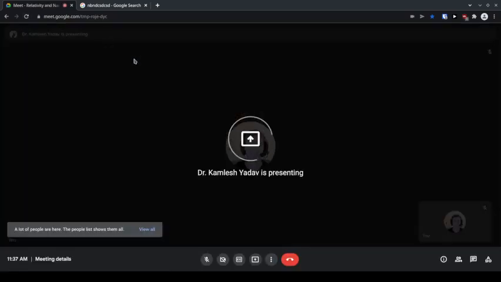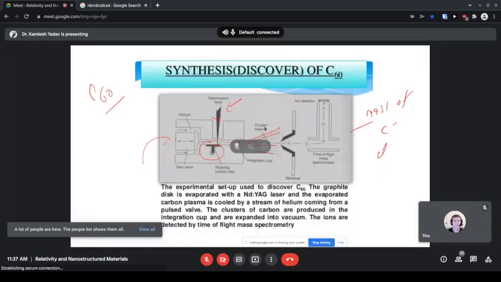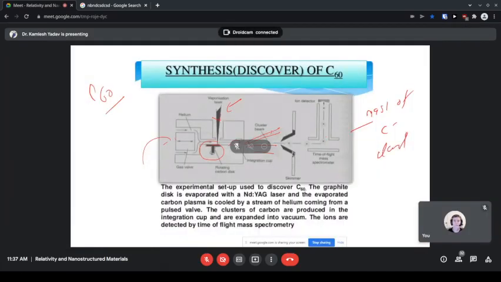Using a mass spectrometer they can obtain the mass of the carbon cluster. They were studying that using the electric arc discharge method or the laser ablation method, we can evaporate the graphite, then cool it and obtain clusters of carbon atoms.